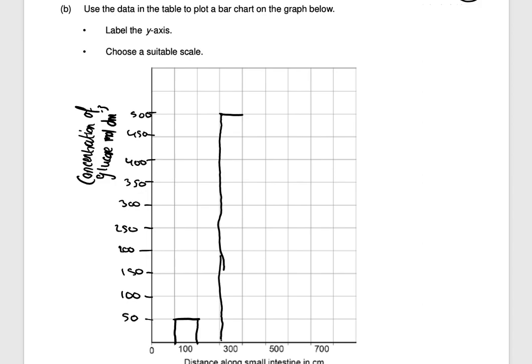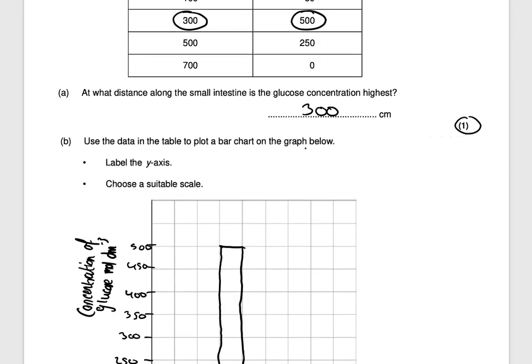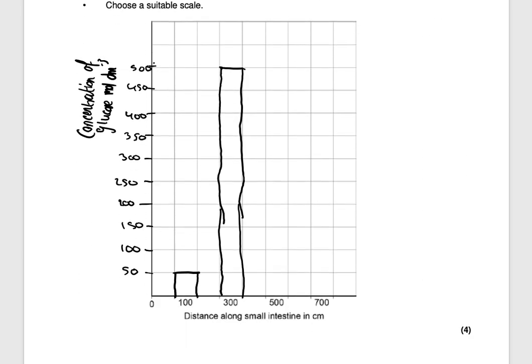So draw a straight bar down. Okay, and then for 500 it goes to 250. So it goes to 250 here, and then at 700 it's 0.